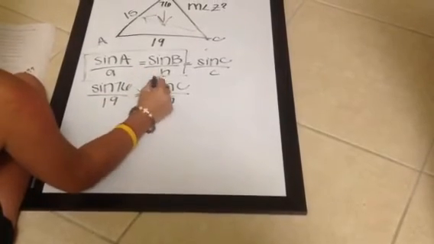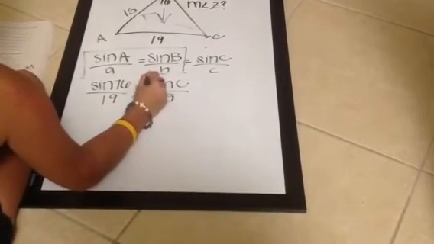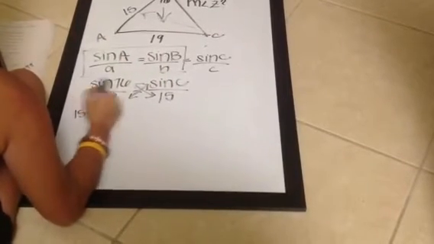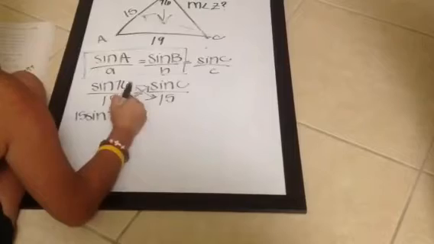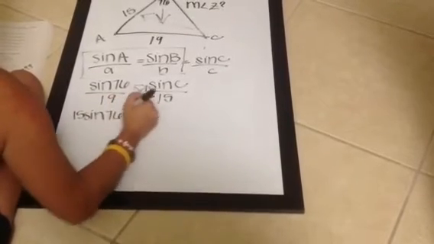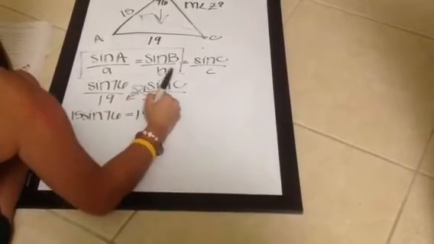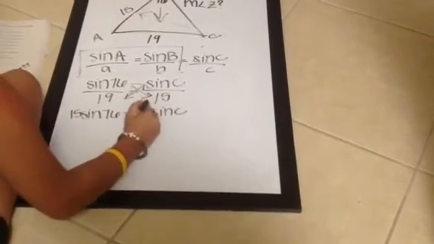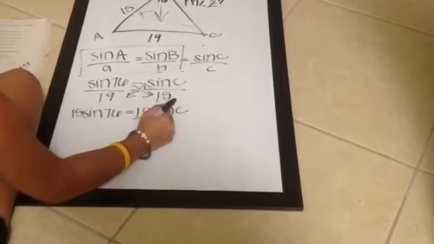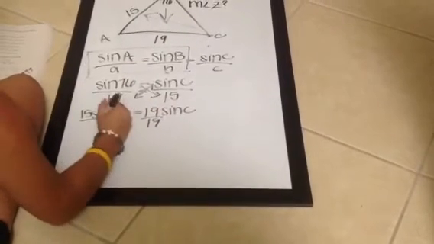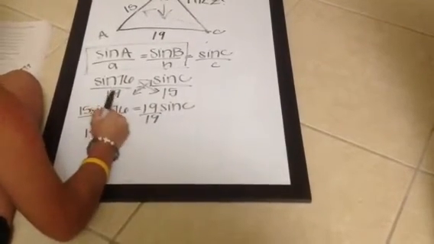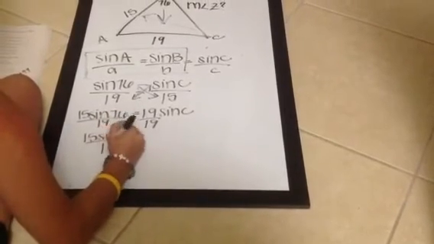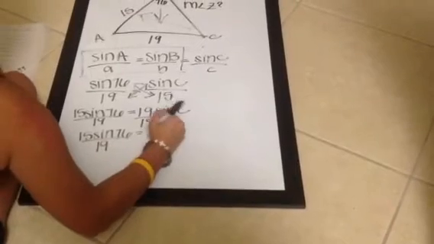We're going to cross multiply, so it would look like 15 sine 76 is equal to 19 sine C. We're going to divide by 19 to try to get C alone. So 15 sine 76 over 19 is equal to sine C.